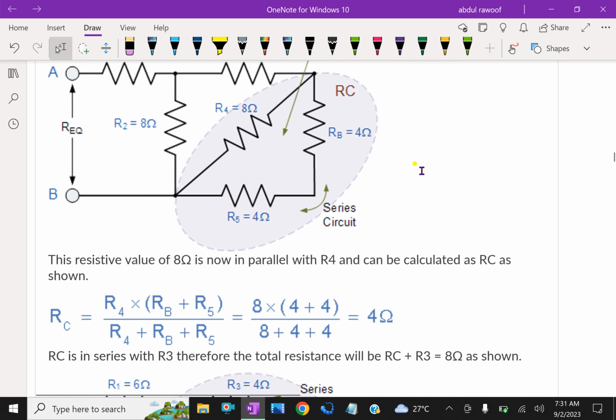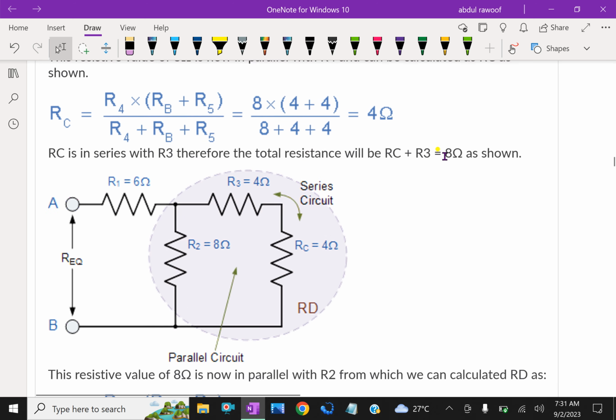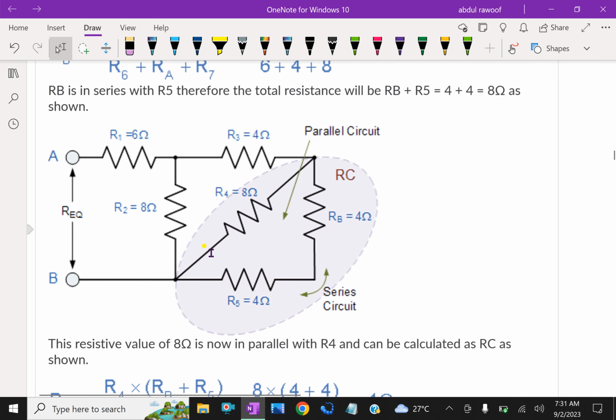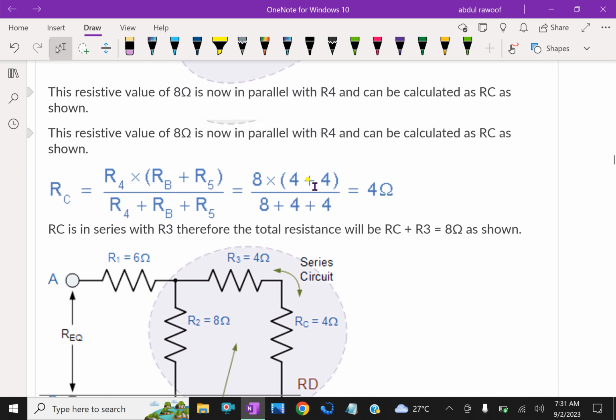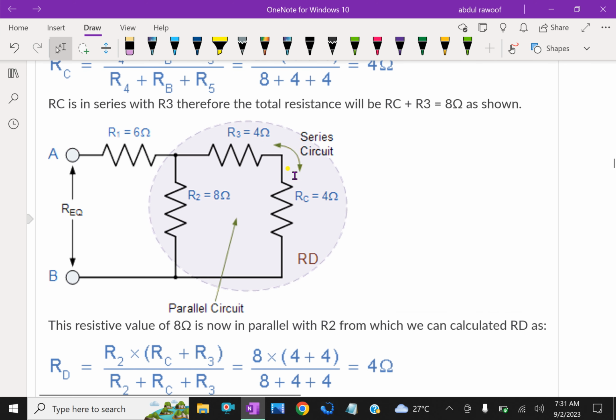Then the circuit is further reduced, look at here. This together becomes 4 ohm, that is R3, 4 ohm, which is in series with that one. Look at this: R3 and RC are a series circuit. That series circuit is combined in parallel with this R2.